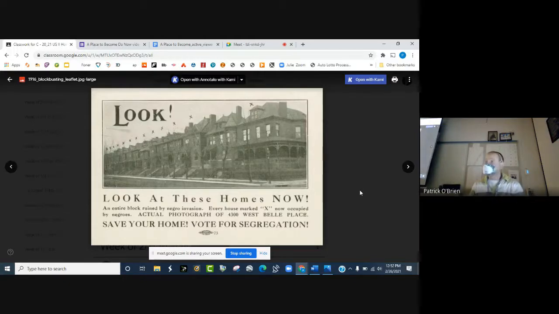Nevertheless, realtors would be like what we today call house flippers. You buy a house cheap and sell it more expensively. So basically, they would block bust. They would find a city street of all white people, and they would convince them that Black people were ruining their neighborhood with signs like this.